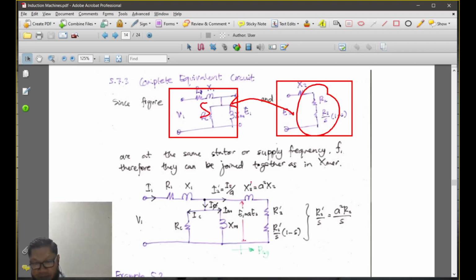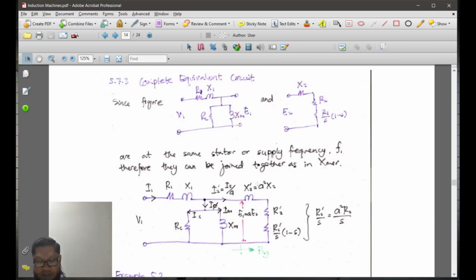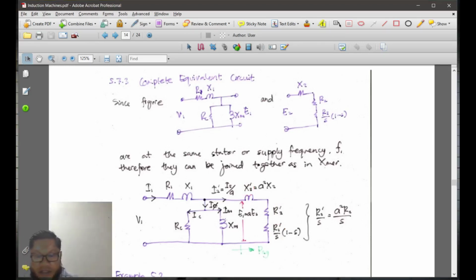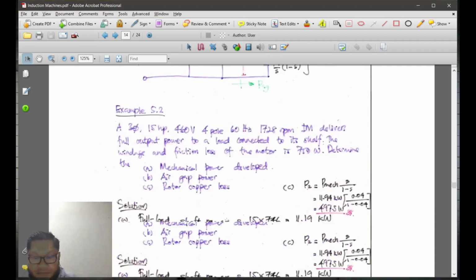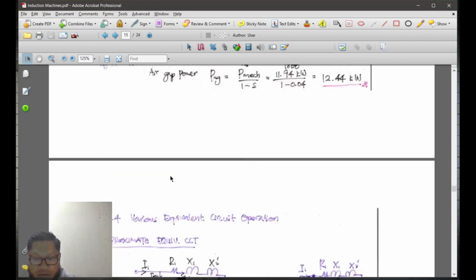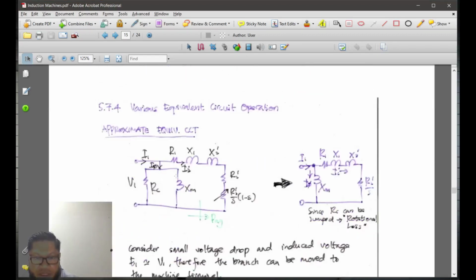If you look carefully, it's X prime, R prime, which means that you refer all the parameters from the secondary to the primary side. So you can look into example 5.2. You'll get all the values there. I leave it to you, and then we look at the various equivalent circuit operation.